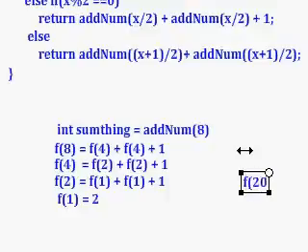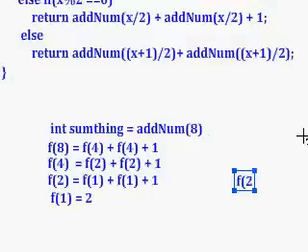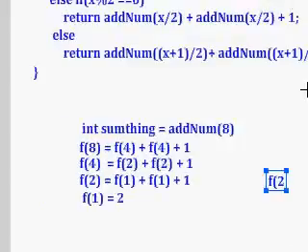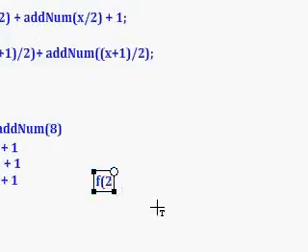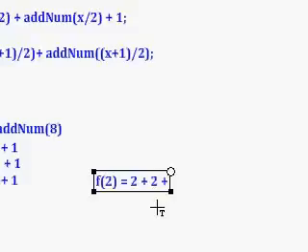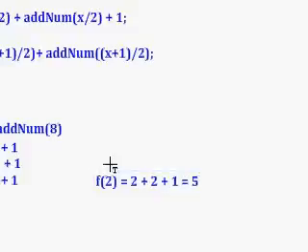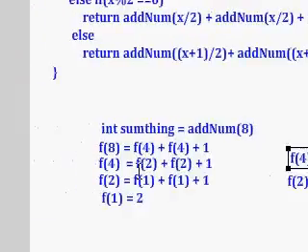So f of 2, let me move over here for you. There we go. F of 2, before we said it's equal to f of 1, which is 2, plus another f of 1, which is 2, and then plus 1. That equals 5. We know f of 4 is defined as f of 2 plus f of 2 plus 1, as we saw right over there.